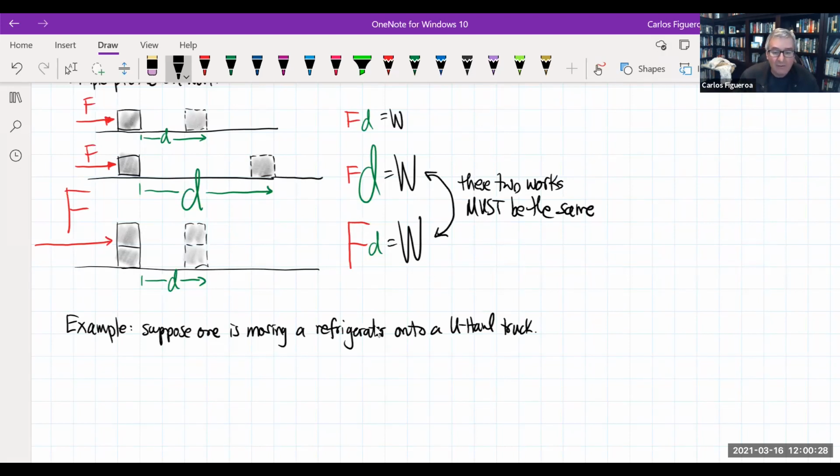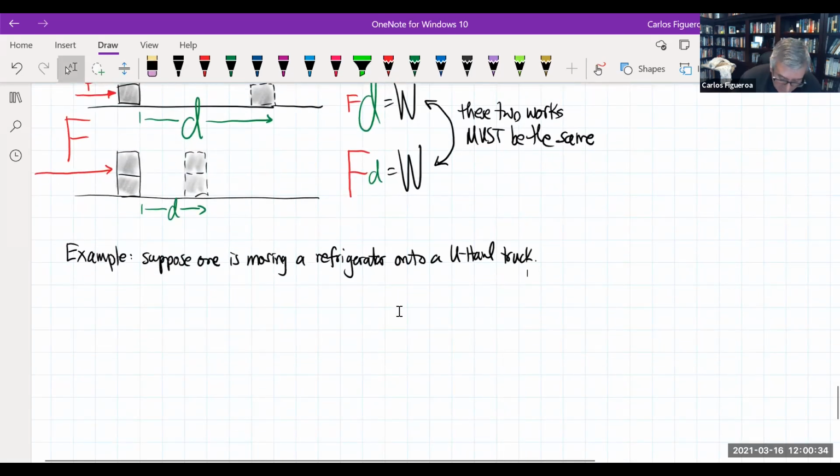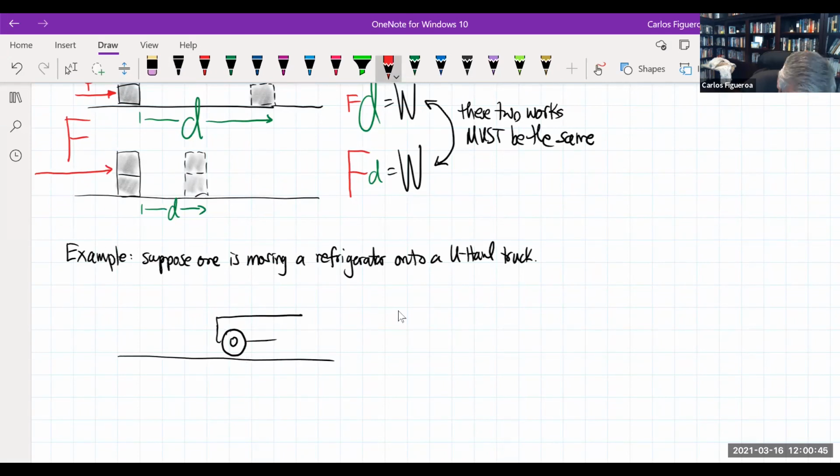So the picture that I want you to imagine is this picture here. I'm going to give you both scenarios right here. Typically, when we're thinking about a U-Haul truck, we imagine that there's this bed that you're going to take this thing onto, right? So you've got this truck bed that you're going to get it onto. And when you're doing this, of course, the thing you're thinking about is that you had better have a ramp, right?